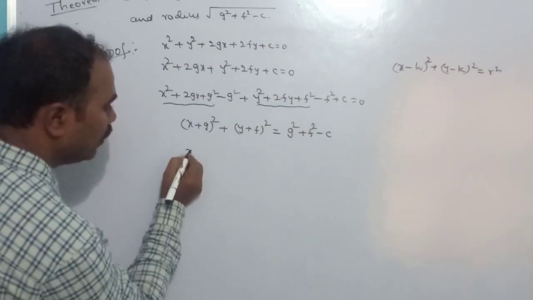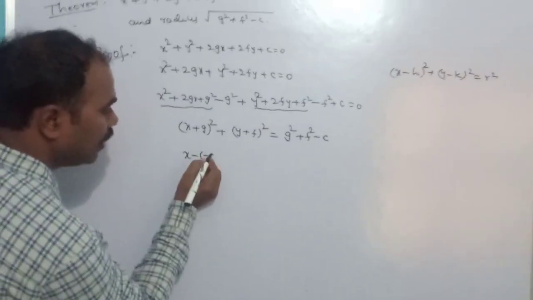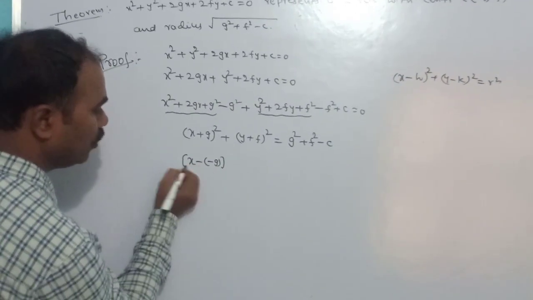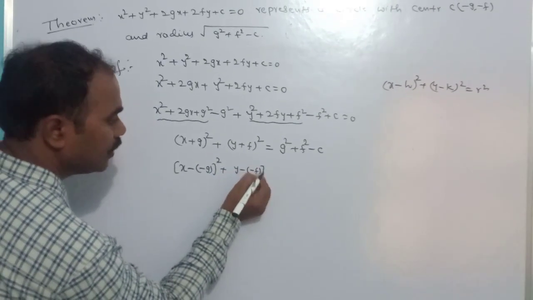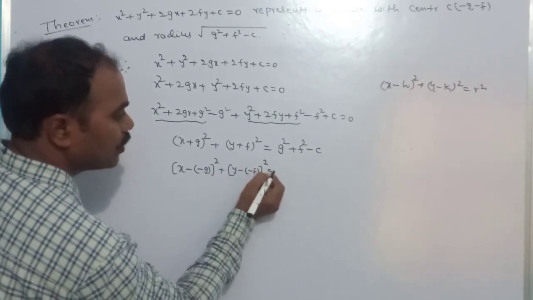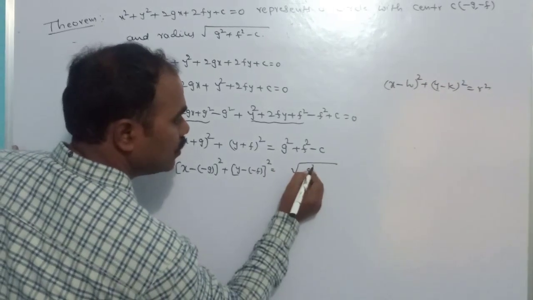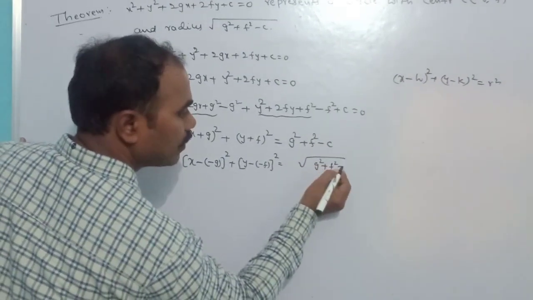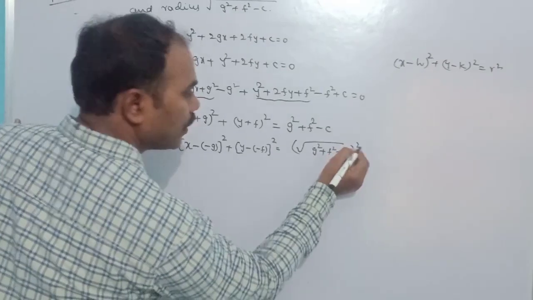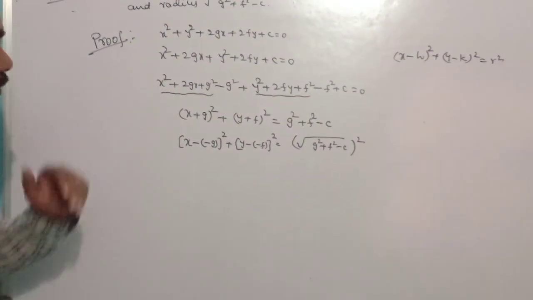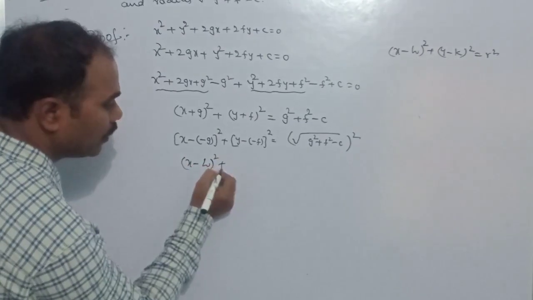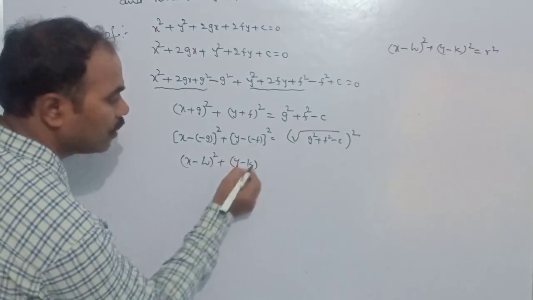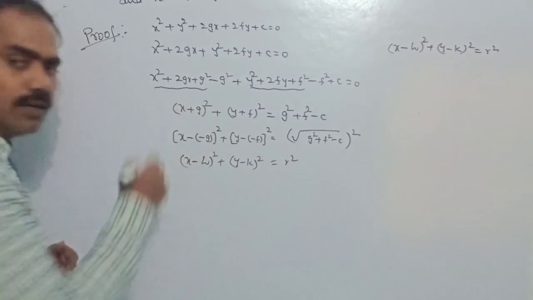Again, it can be written as (x minus of minus g) whole square plus (y minus of minus f) whole square equals the square root of g square plus f square minus c, whole square, which is in the form (x minus h) whole square plus (y minus k) whole square equals r square.